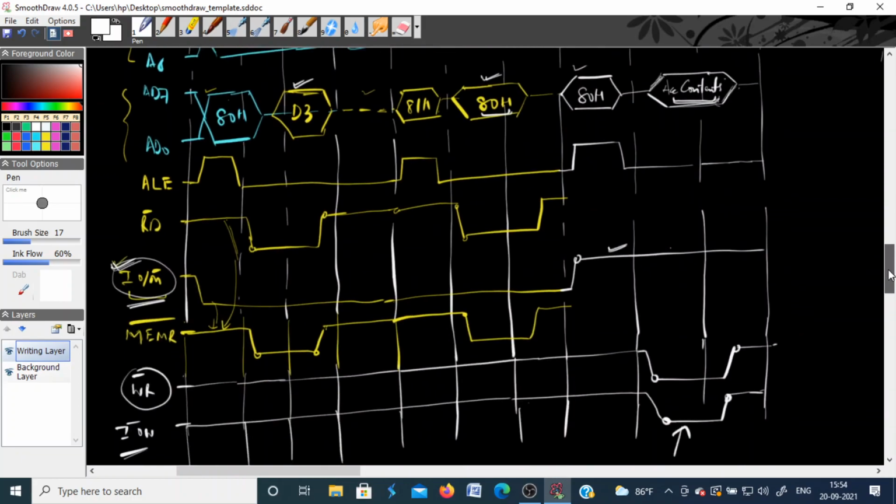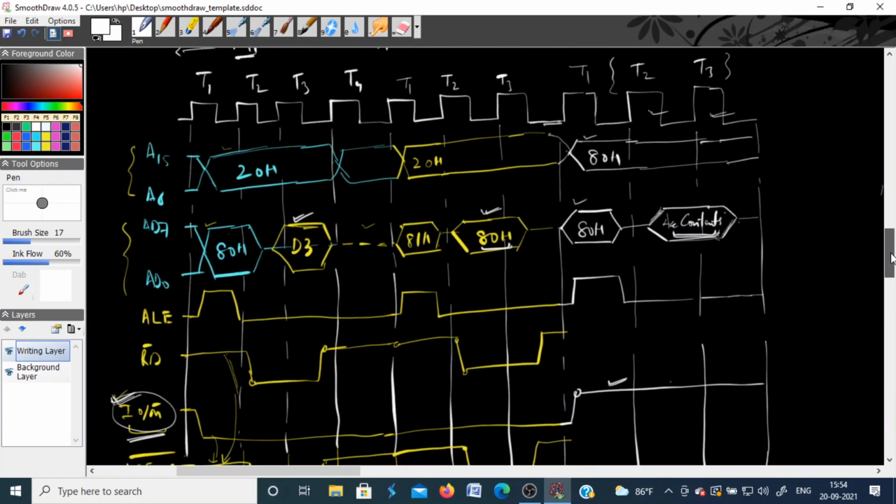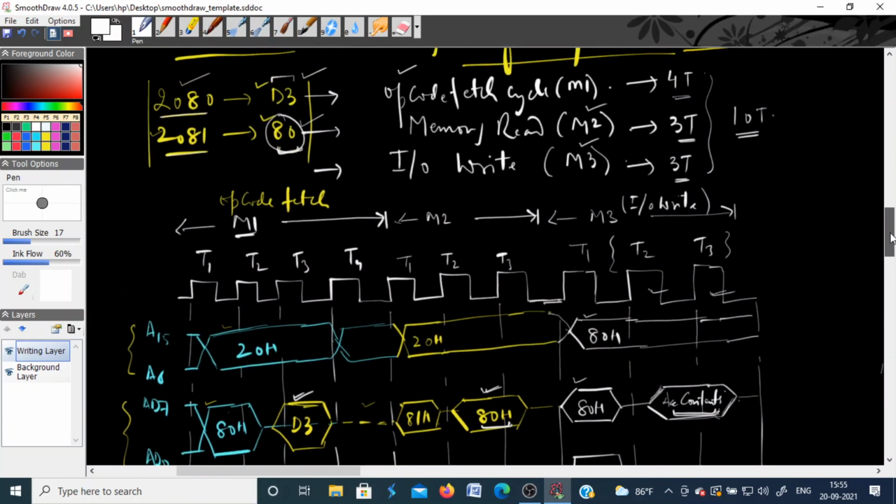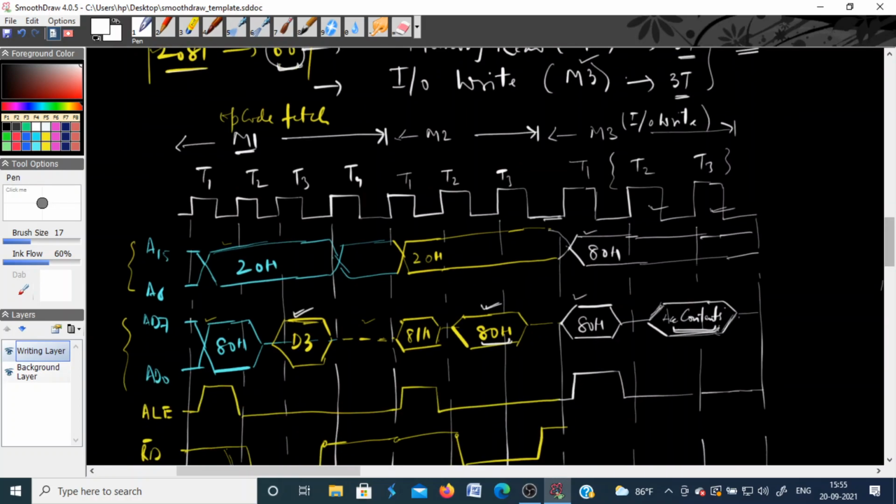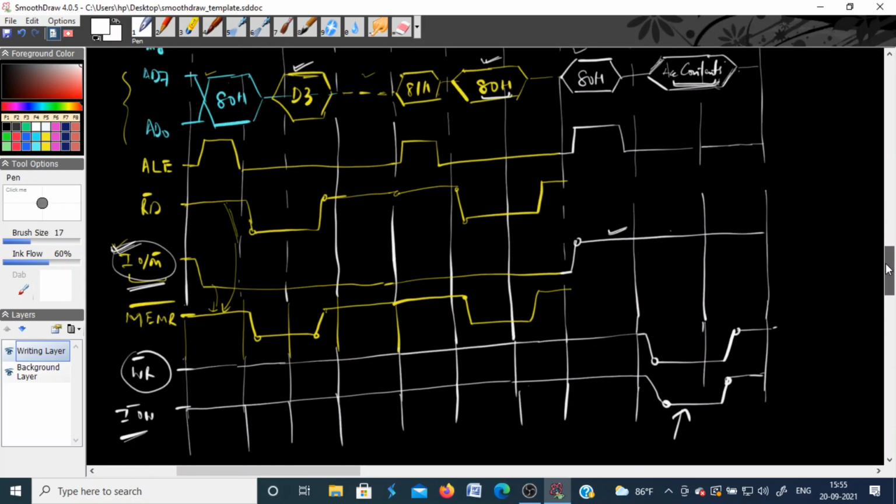Now in case of an IN instruction, the procedure is the same. First is the opcode fetch, second is the memory read, and the third cycle will be an input output read operation, instead of write. The only difference will be here.